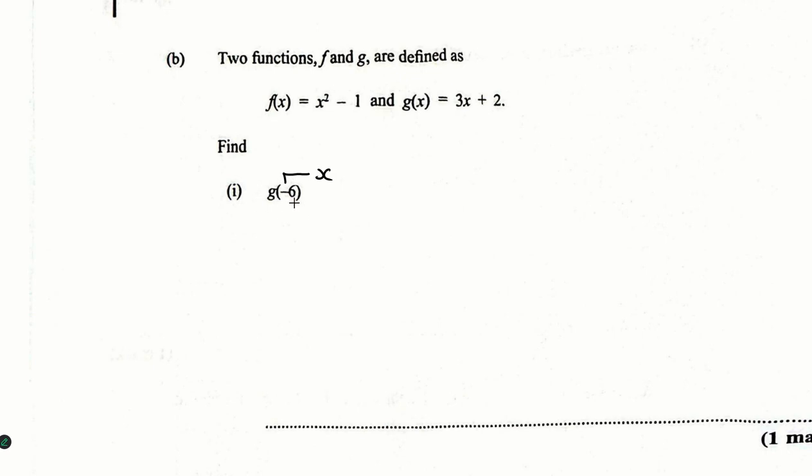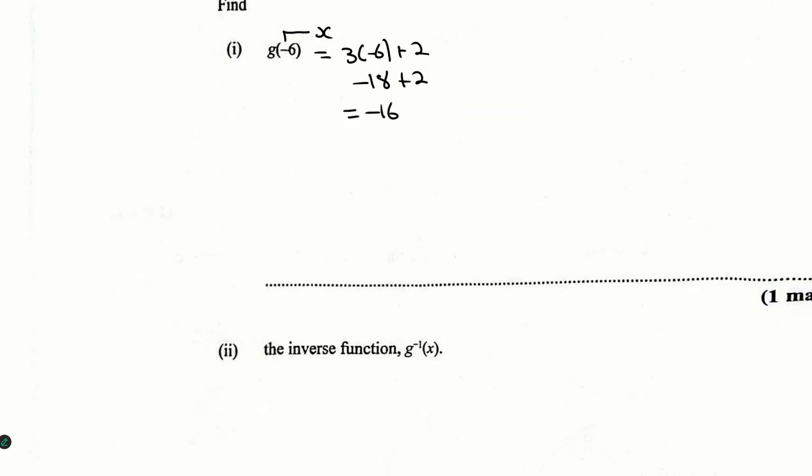So they're telling you x is equal to -6 in our function g of x. So that would be 3 by -6 plus 2. 6 3s are 18, so it's -18 plus 2, which is equal to -16. And that would be the answer for this question.